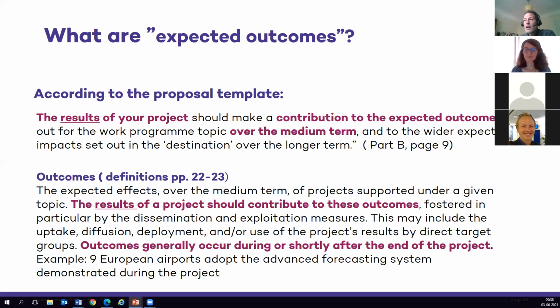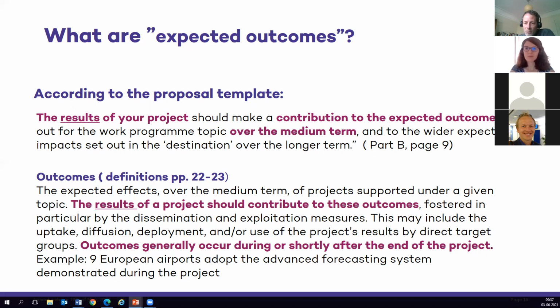Further down in the template, the outcomes are defined as post-result, and they generally occur during or shortly after the end of the project. This is also what you said in your presentation, Benedict. So these outcomes are not the results of the project, but something that happens once the results are in. They are enabled by the results over the medium term, as opposed to the impacts, which are long term.